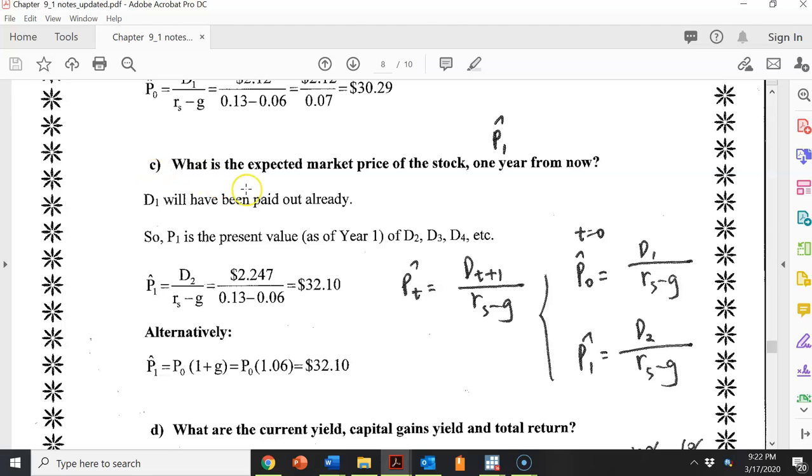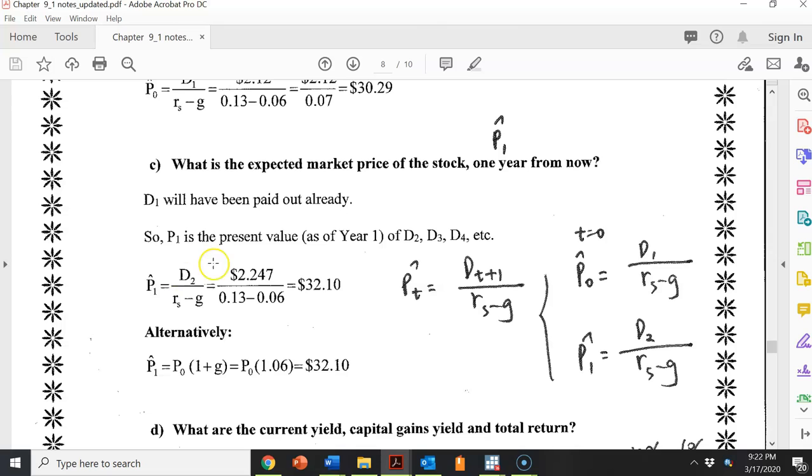Question C, what is the expected market price of the stock 1 year from now? So we want to know P1 hat. There are two ways to solve for it. D1 will have been already paid out if we're purchasing the stock at time 1. So P1 is the present value of D2, D3, D4, and so on.